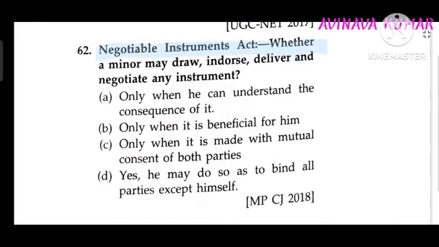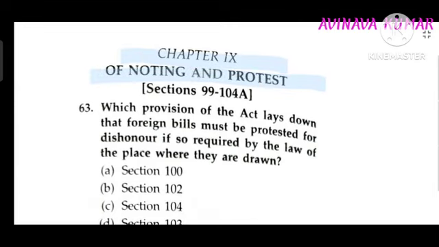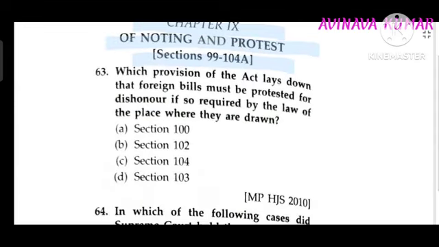Under the Negotiable Instruments Act, can a minor draw, endorse, deliver and negotiate any instrument? Yes, he may do so, so as to bind all the parties except himself. Chapter 9, Noting and Protest, Sections 99 to 104. Which provision of the Act lays down that a foreign bill must be protested for dishonor if required by the law of the place where it was drawn?